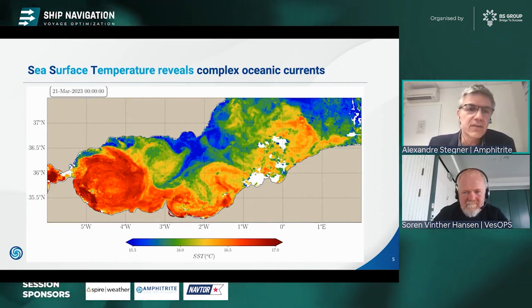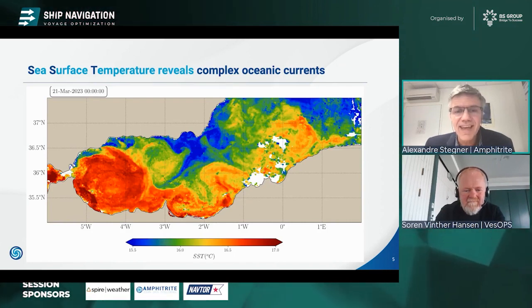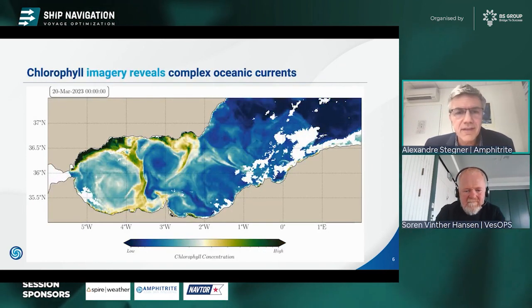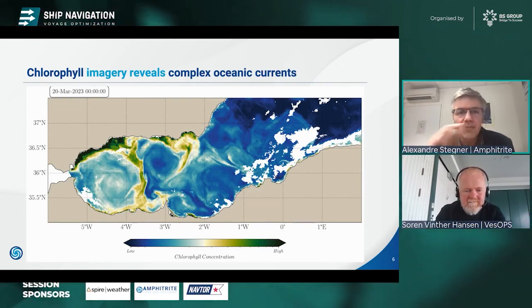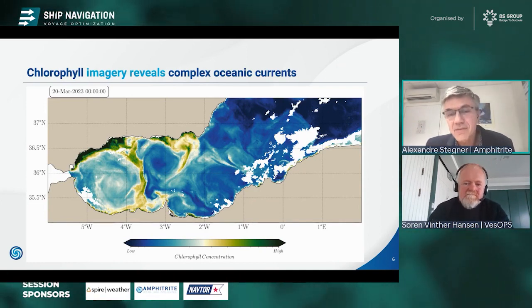Here you can see the Gibraltar Strait, and this is what we call the Alboran Sea, and there are a lot of structures, intense currents, and eddies that really pop up on satellite images. And this is the sea surface temperature, and even more impressive is the chlorophyll. You see all these filaments that perfectly describe all these meanders and currents at relatively small scale.